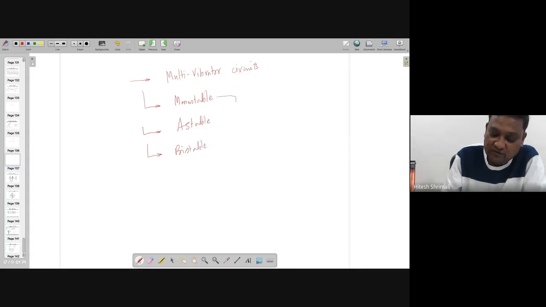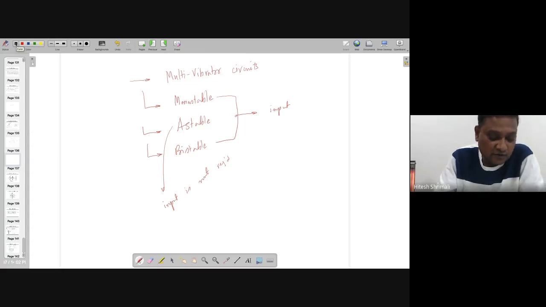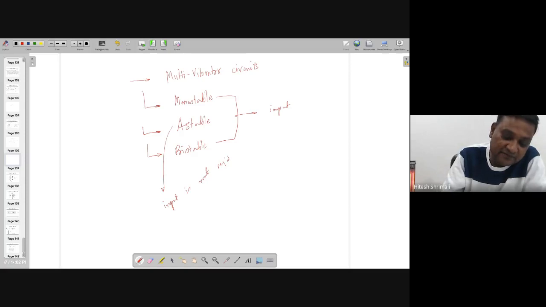In the case of monostable and bistable, they require input. However, in the case of astable, input is not required. Right? We also learned about the comparator, like an inverter is a comparator, and the inverter's characteristics, so that it can be used as a Schmitt trigger.